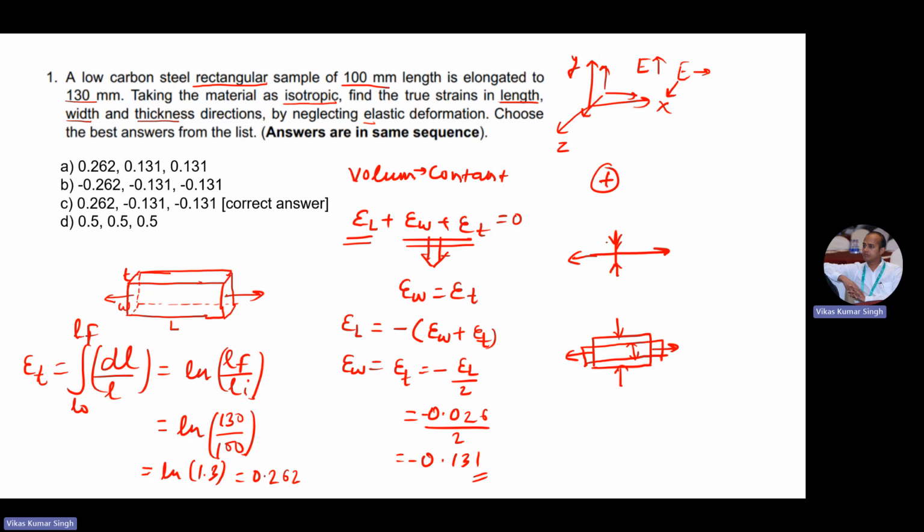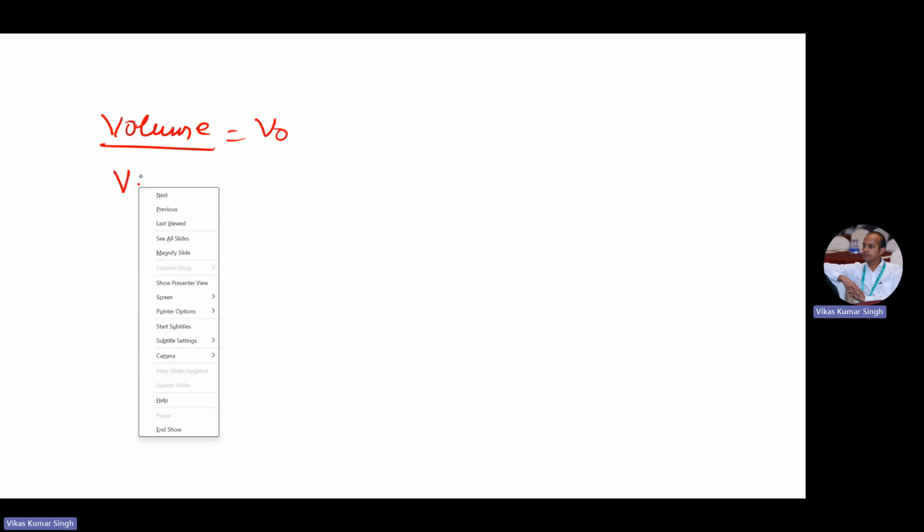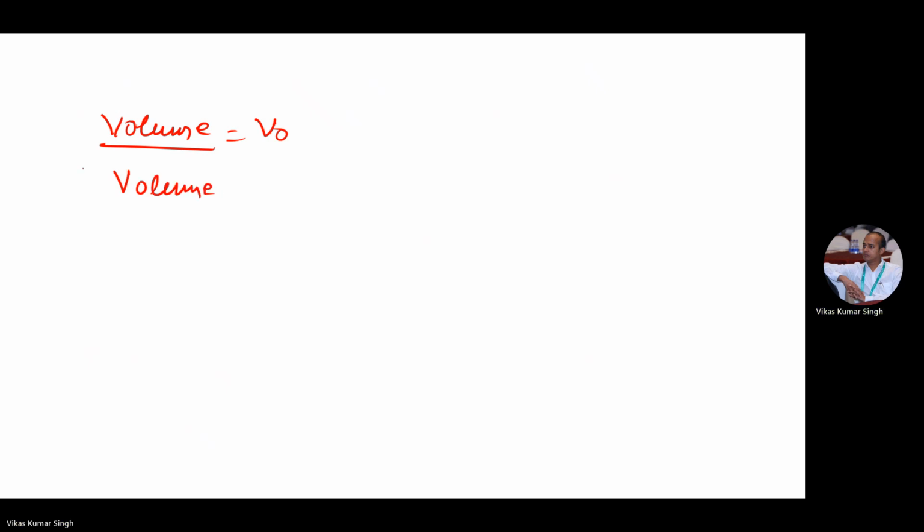Okay, I am just giving one general formula for this volume consistency. If the initial volume is V naught and the final volume is Vf, you can find the volumetric strain as Vf minus V naught by V naught.